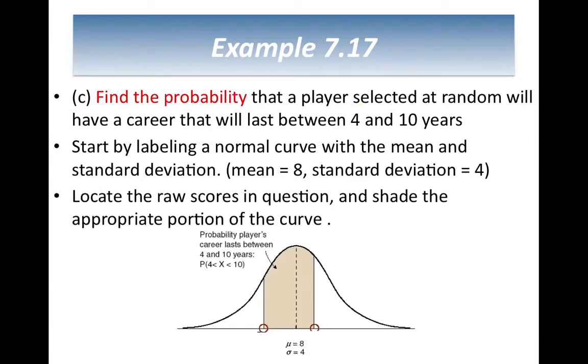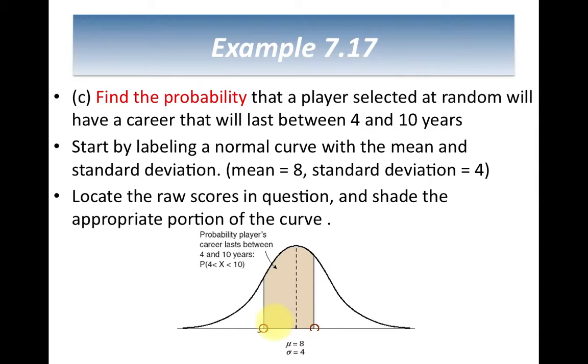So on your bell curve, you've got mean of 8, standard deviation of 4 again. 4, the first raw score, is on the left side of 8, and 10, the higher raw score, is on the right side of 8, and you're trying to find the probability that a player's career will last between those 2 points, which is basically the area under the bell curve between those 2 points.